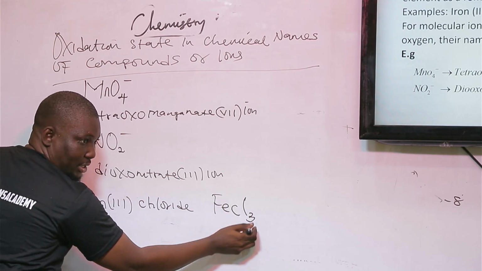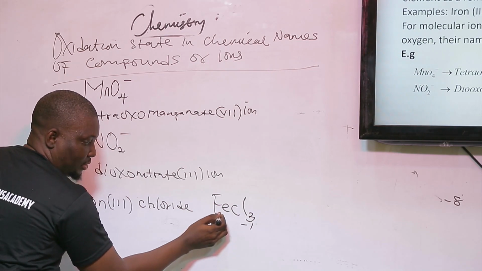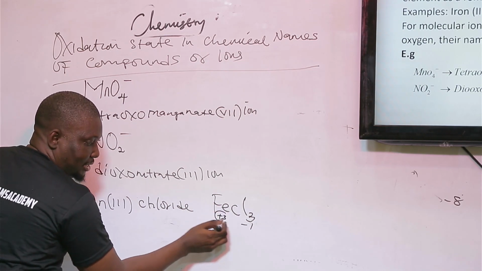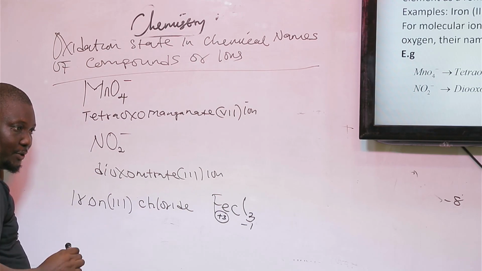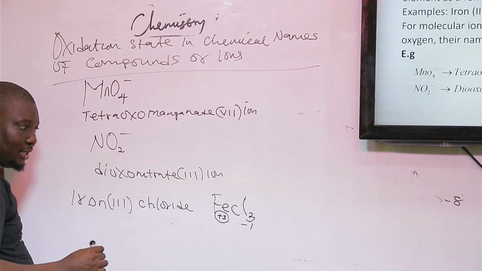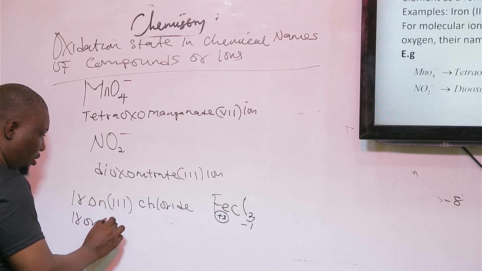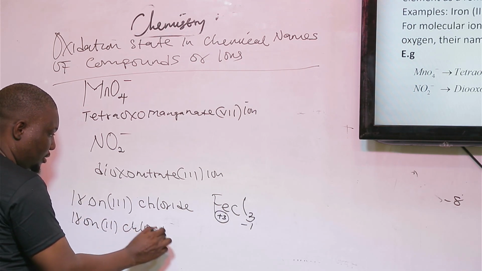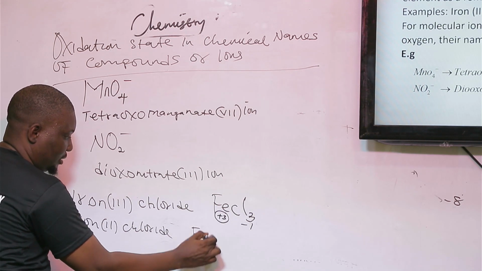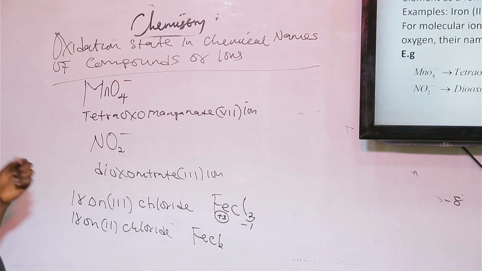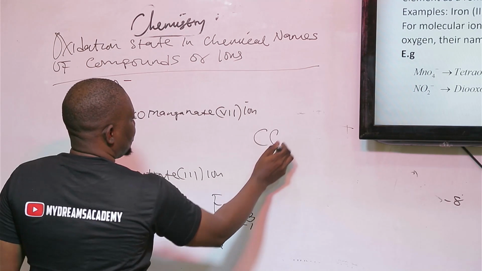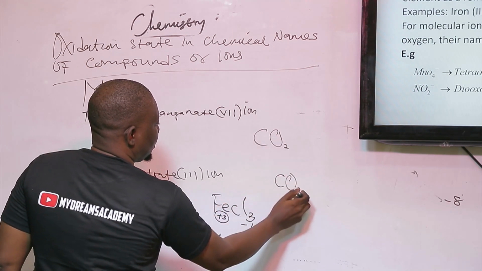You know chlorine is -1 here, isn't it? So from here we find that this one is +3. Writing this must be in Roman numerals, as iron(III) chloride or iron(II) chloride, which is FeCl2.